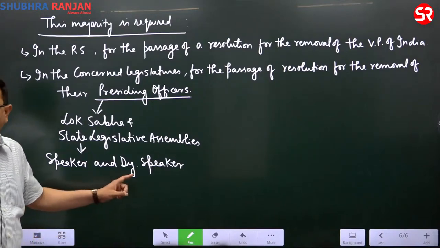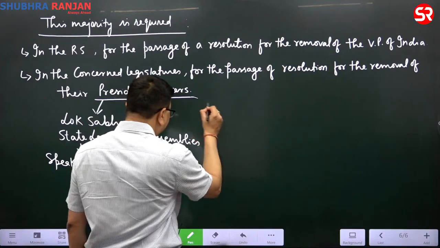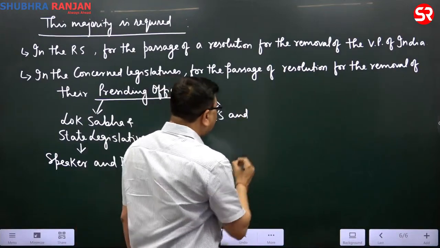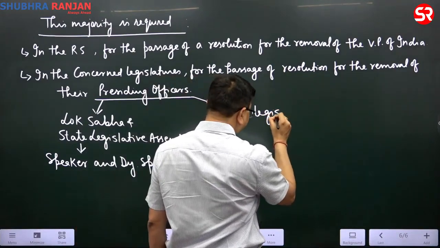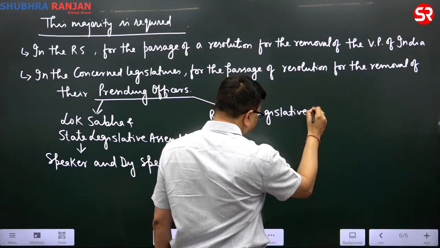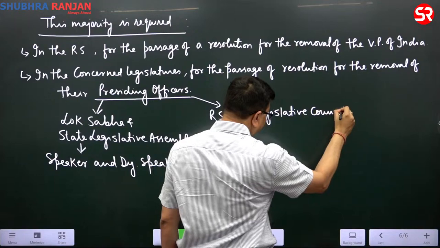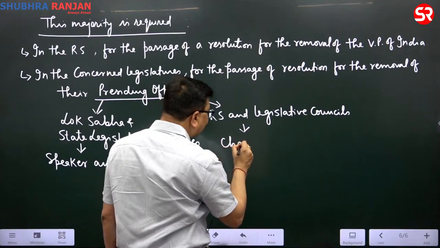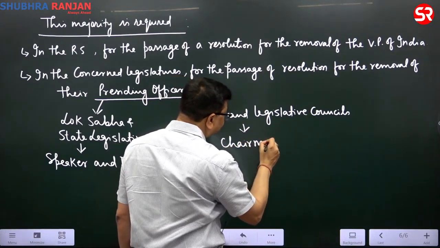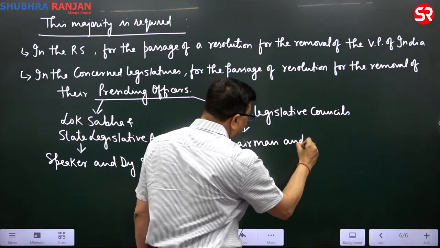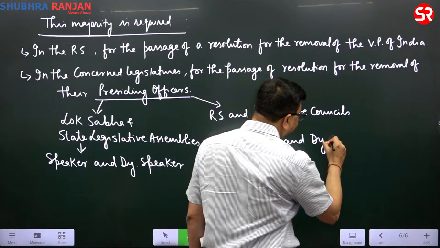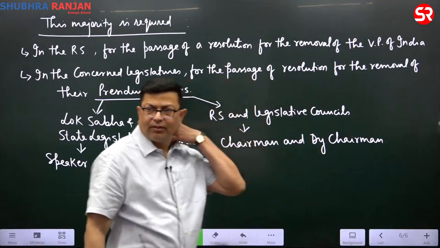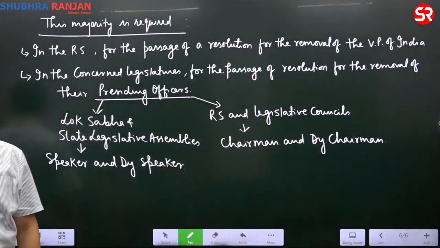They are termed as the presiding officers. And in case of Rajya Sabha and legislative councils, it is the chairman and deputy chairman. They are known as presiding officers.